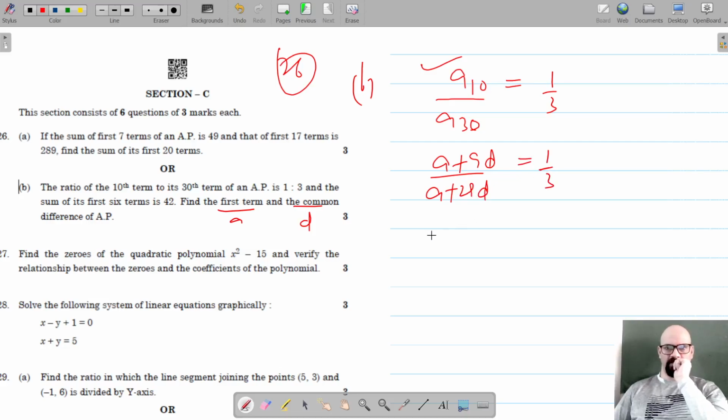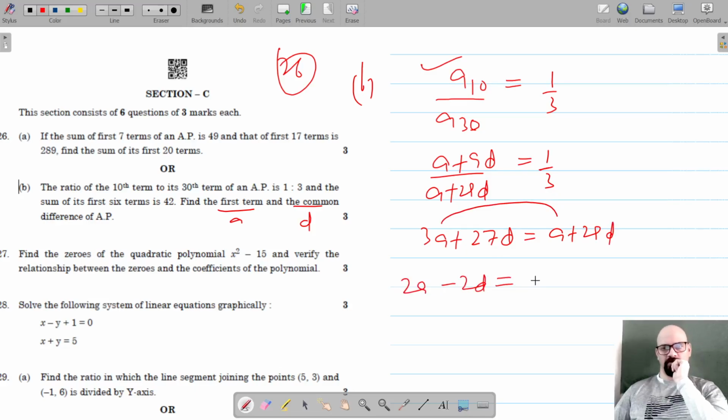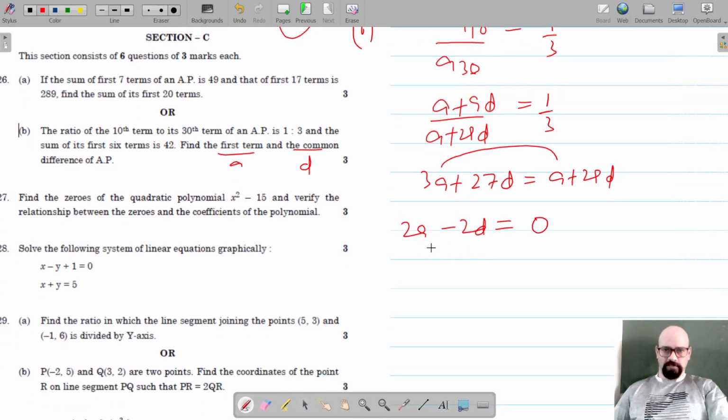If I cross multiply, this gives me 3A plus 27D is equal to A plus 29D. So 3A minus A is 2A, minus 2D is equal to 0, or 2A is equal to 2D, so that means A is equal to D.